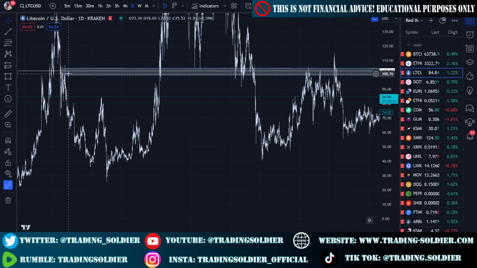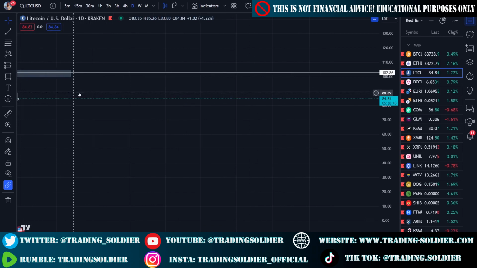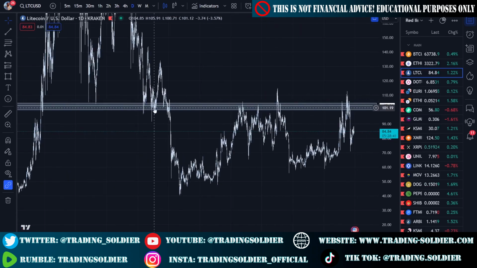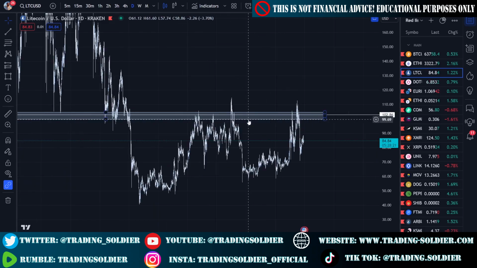Now, this is an example of a demand area in the past that has now flipped to supply, because the same place where a lot of people were willing to buy is now the same price where a lot of people are willing to sell the asset. And now we expect that when the price finally breaks this supply area, then in the future this area will hold as a demand area, as a support area.